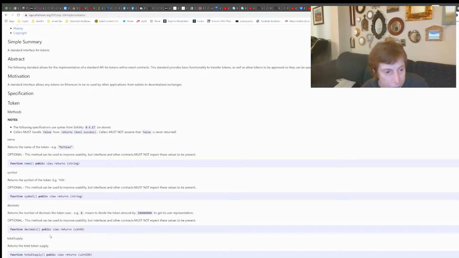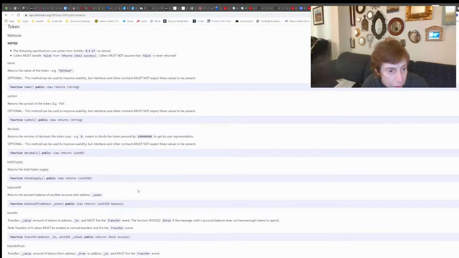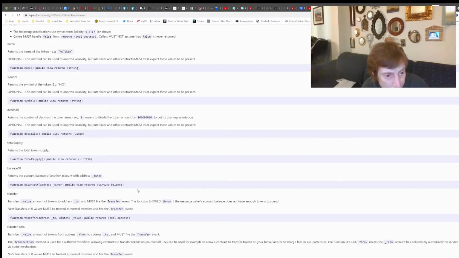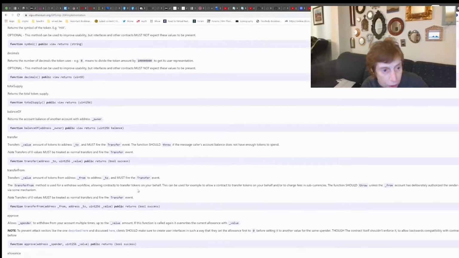So this is an optional one, and it's mainly to make it a little bit more usable. And supply, that's pretty obvious. Balance, how much an account has of the token.